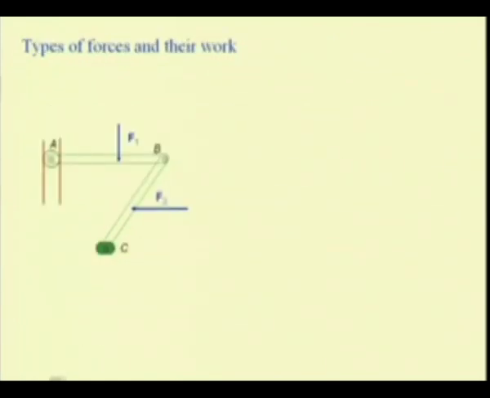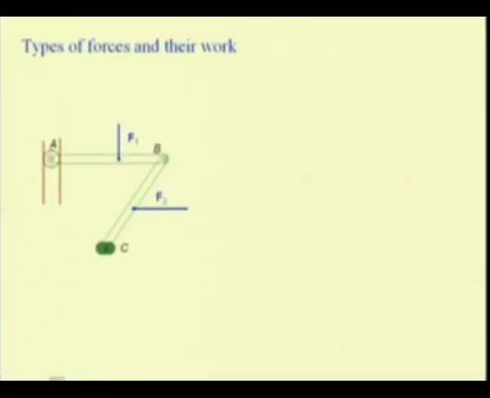Before we go into the actual method, let us see the kinds of work that occur in this system of connected bodies, and let us try to analyze the work done by these various forces. So, let us take the same example of two links AB and CB connected at B and having a roller at A and pin connected at C, and say some external forces F1, F2 are acting on these members.